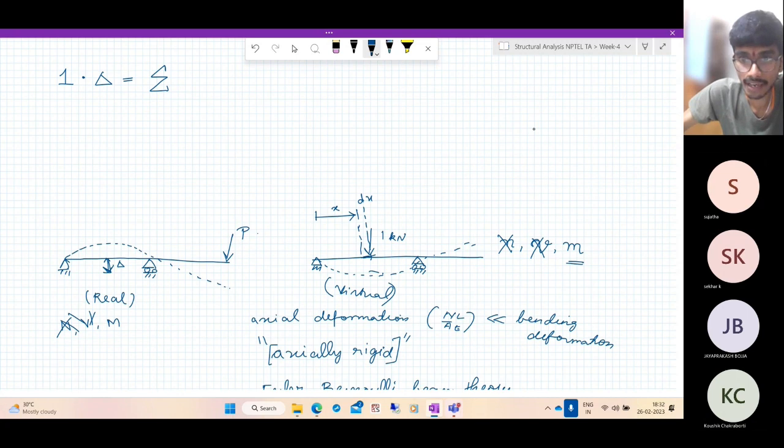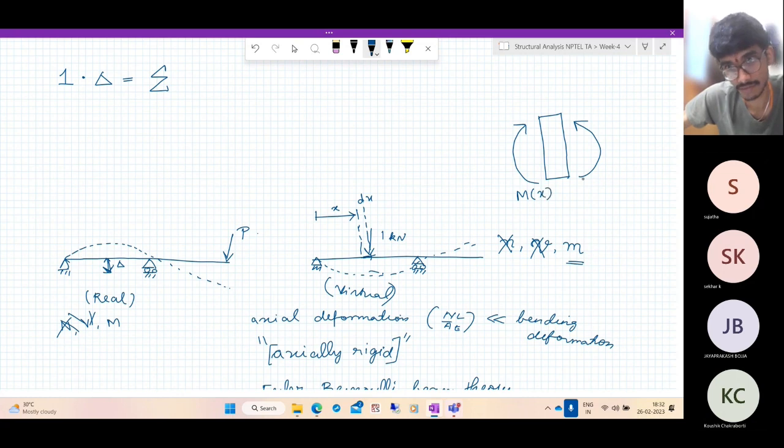Now, if you draw an exaggerated view of this beam, there is bending moment m of x. There it will be m of x plus dx, but it's okay. To a first order approximation, you can treat it as constant. And this is dx. So over this length, what is the work done by the moment?